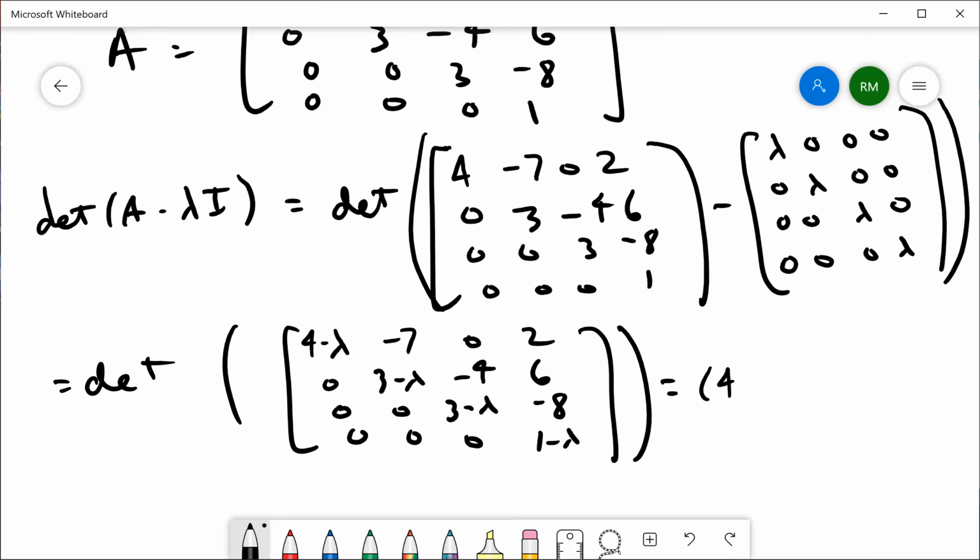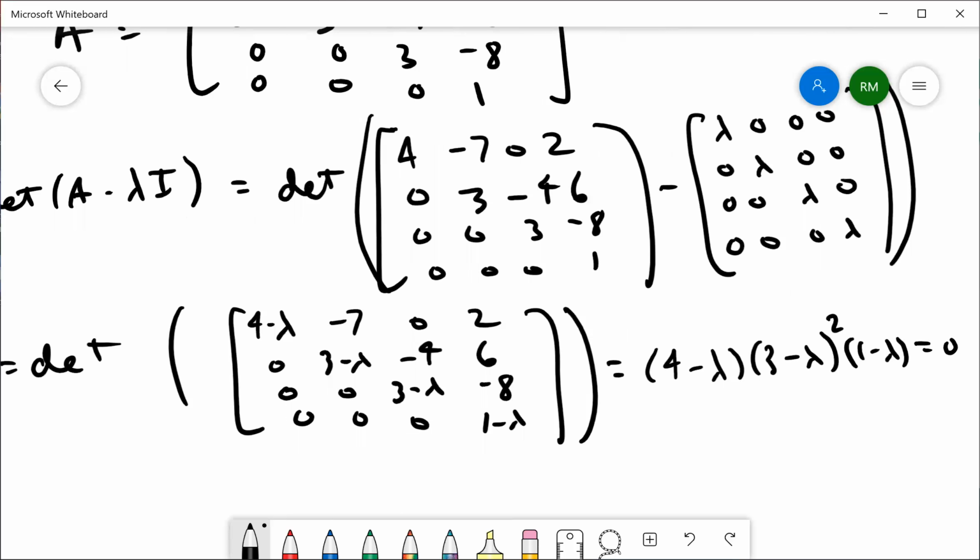So the characteristic polynomial is just the product of entries on the diagonal, and the characteristic equation is when you set this equal to 0.